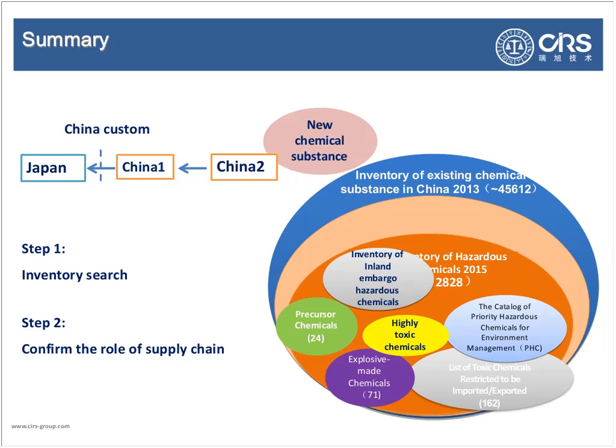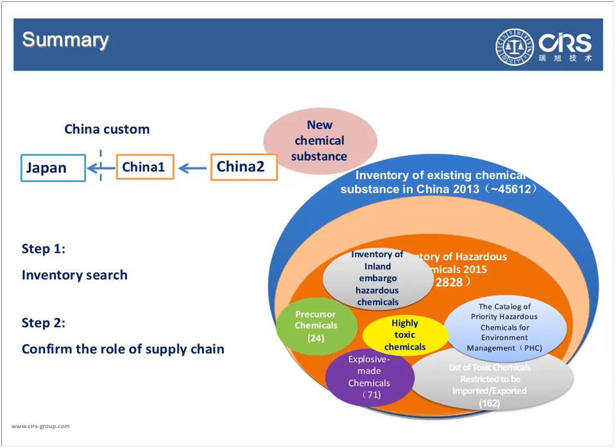So here we use a flow chart to give you more advice. First thing, like I just said, you need to check whether your chemical is listed in IECSC, because this is the first step. You need to check whether this chemical is an existing chemical in China. And then you need to check whether your chemical is hazardous.